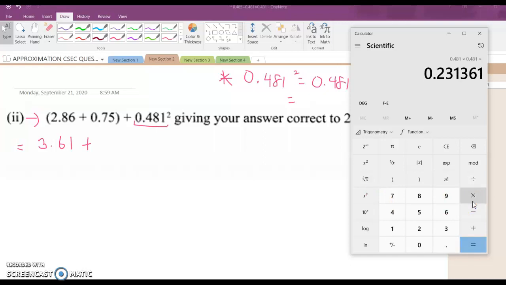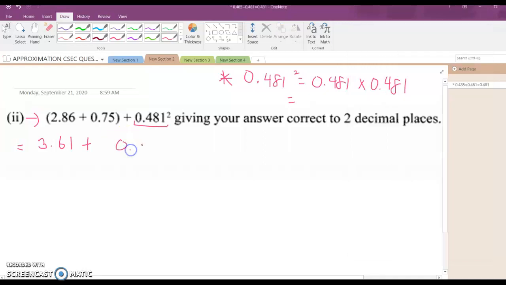And we get a lot of numbers here. So let's see what we have here. We will get 0.231361.